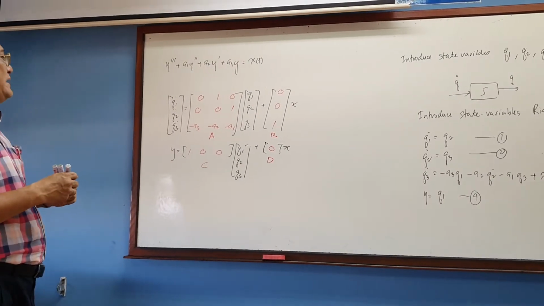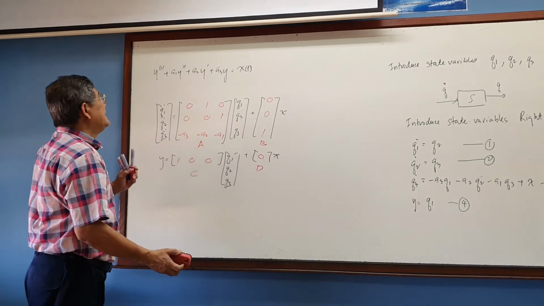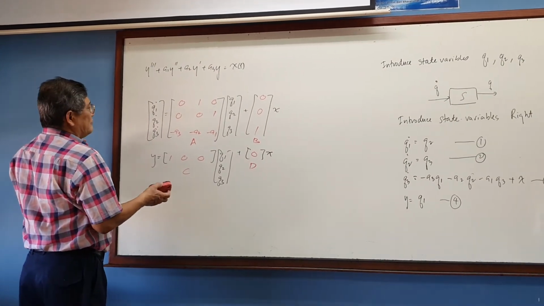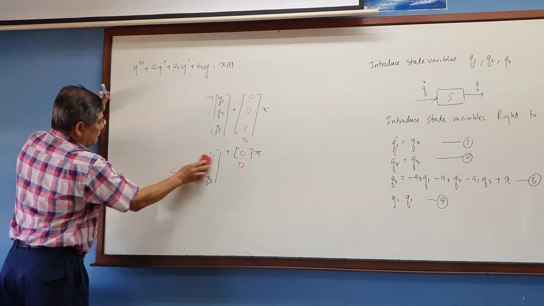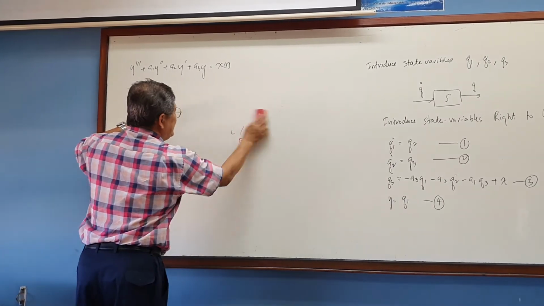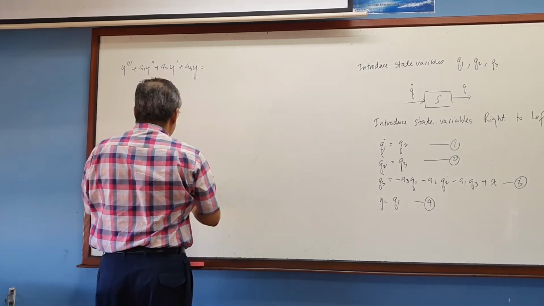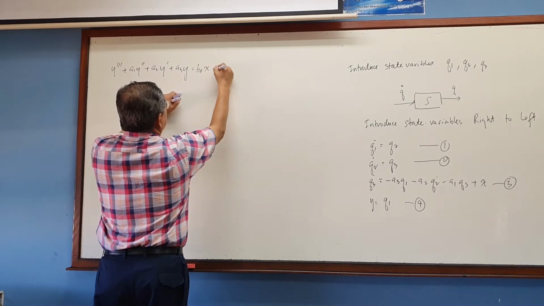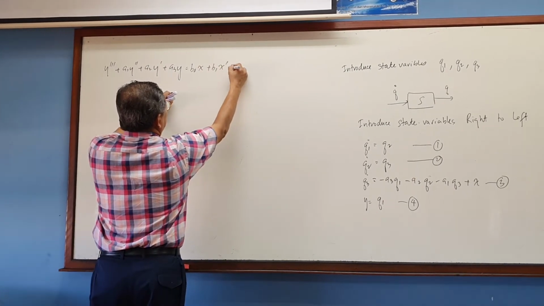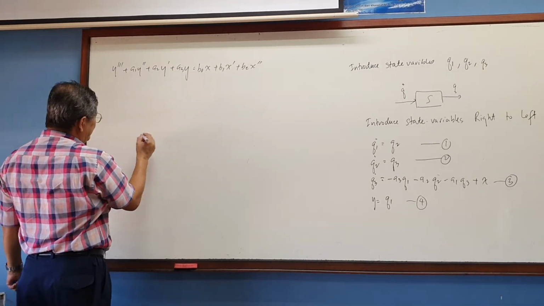Okay, so this is where the input is x. I'm going to erase this one. It's done for this state space equation. Now we're going to change the input, where you have B naught x plus B1 x prime, and the output that we have.